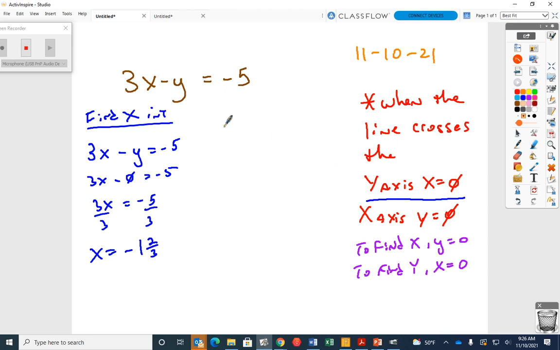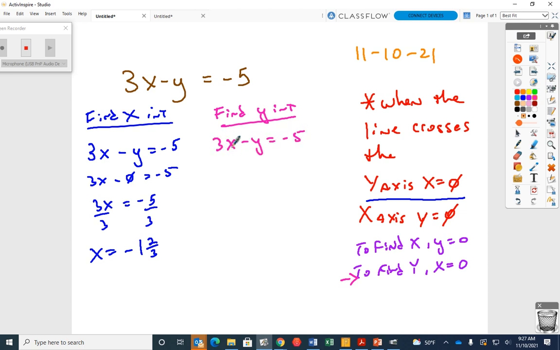Now we're going to find the y-intercept here. Let's read this together. Go. To find y, x equals 0. All right. So I have 3x minus y equals negative 5.